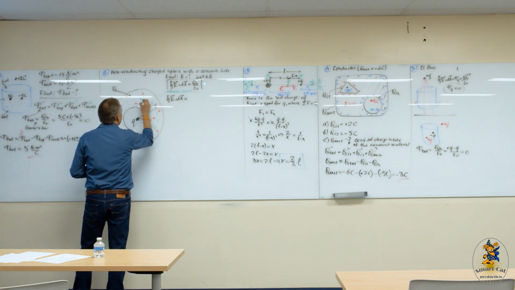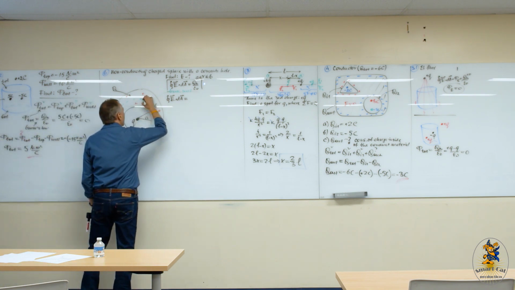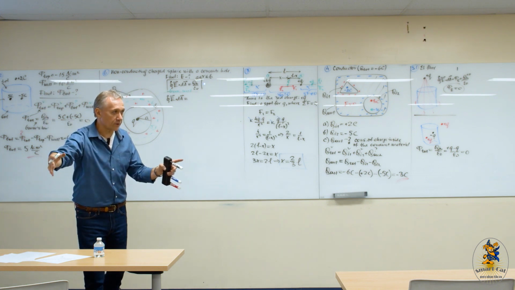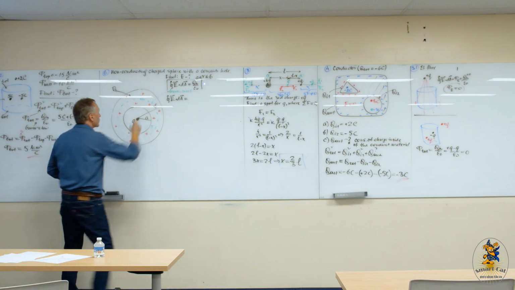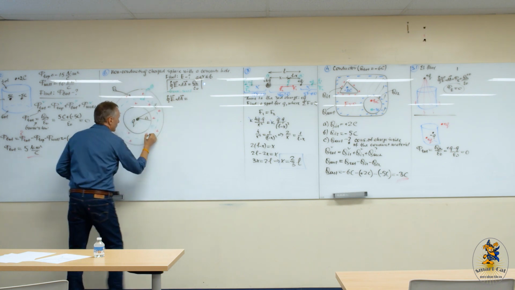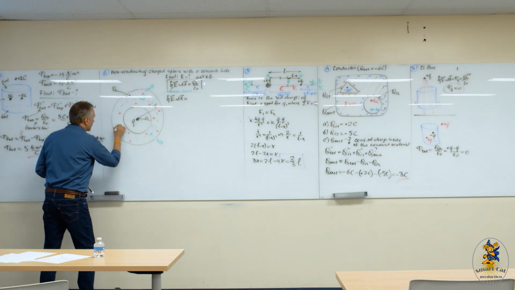If you pick this patch on the Gaussian surface, of course, the electric field, you remember, by convention, the area vector must point towards the outside for closed surfaces. That's a convention which is imposed everywhere. So this will be dA, or if you pick here, it will be the same, dA, or here, dA.